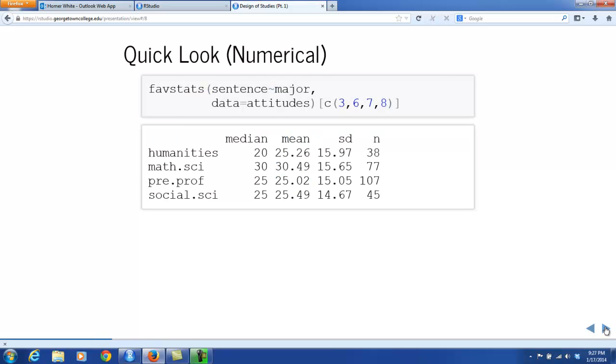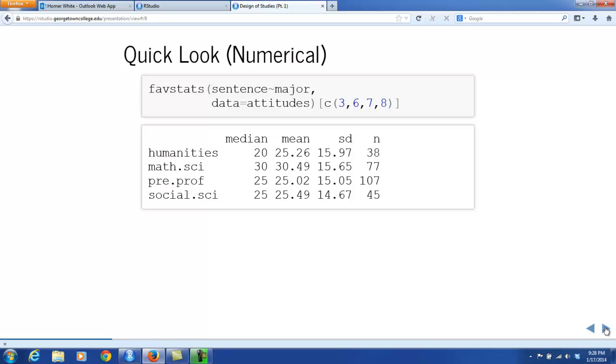Let's take a quick look, just because we're curious, at how things came out from a descriptive point of view. First, looking at it numerically, we could ask for the statistics on sentence broken down by major in the attitudes data frame, and you see here a portion of the output. Remember, what we're looking at when we're looking at the relationship between 2 variables is the conditional distribution of one of the variables given the possible values of the other variable.